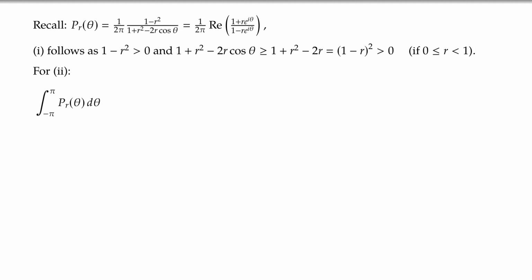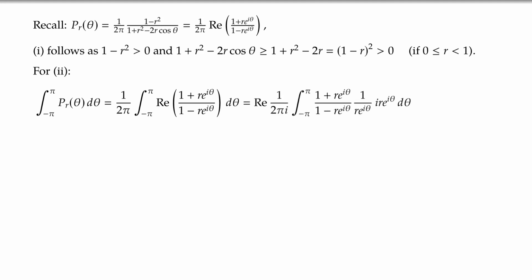So for part 2, that we integrate to 1, let's just integrate. Let's use the second version of this, the second formula. Now, if we rewrite, we can pull the real part outside and just integrate whatever's inside.